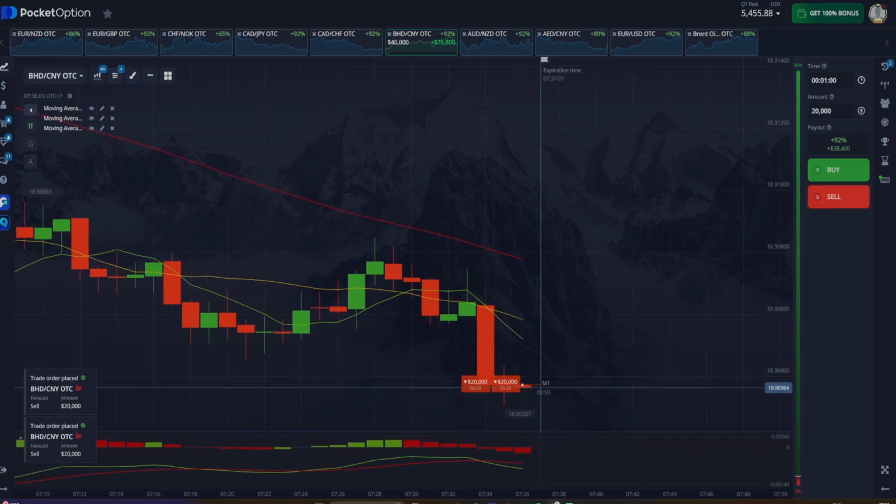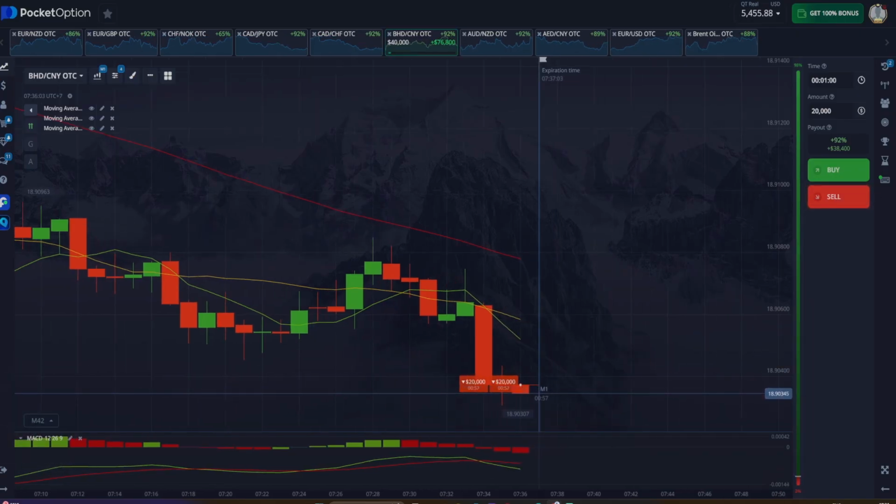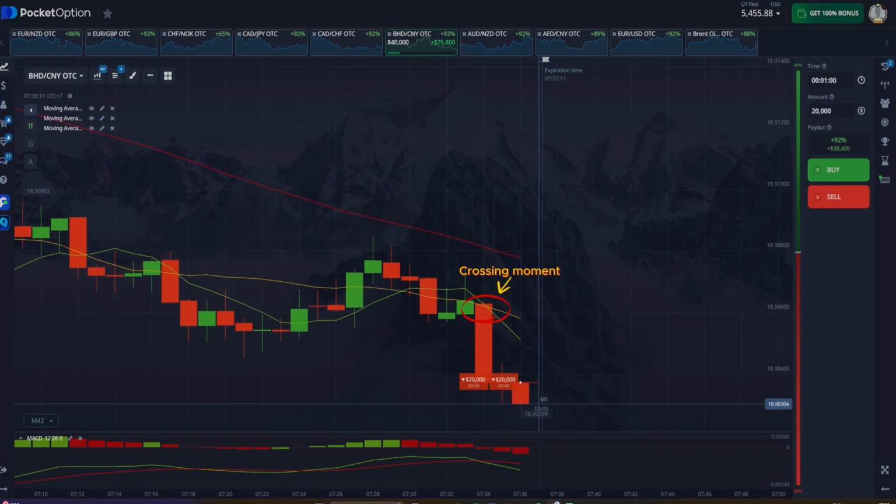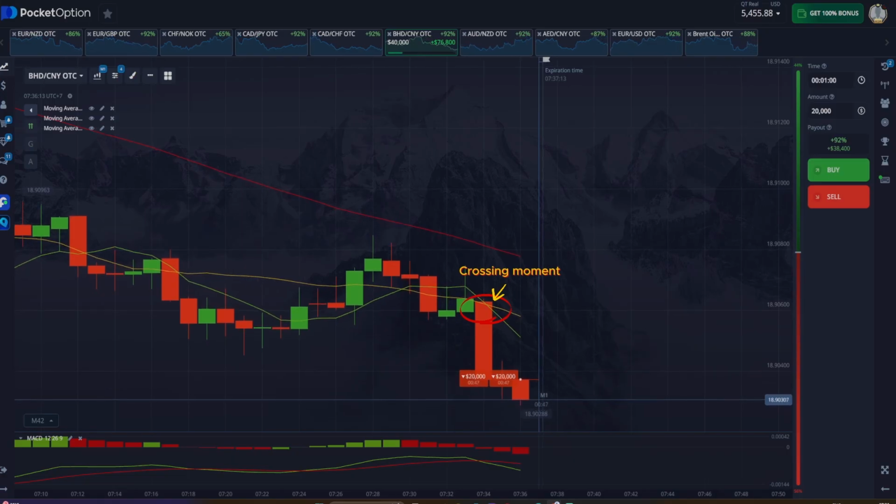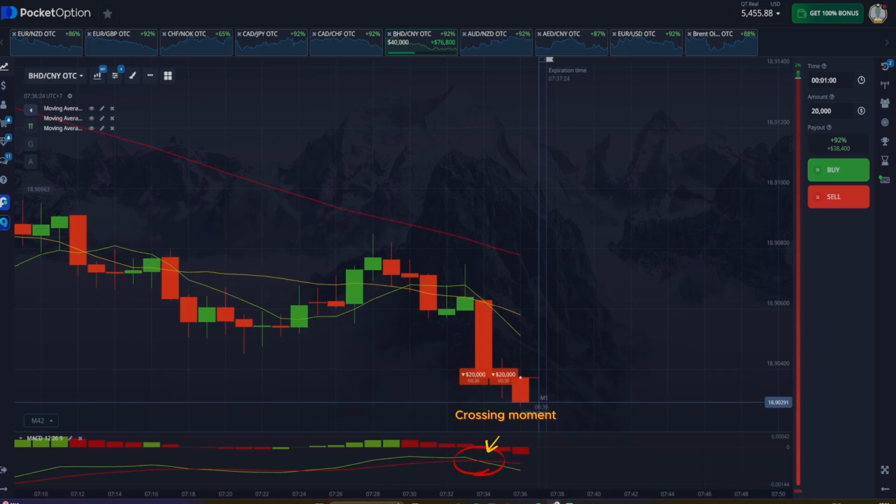I entered a sell trade because two strong signals appeared at the same time. First, there was a moving average crossover, where the green line short-term MA crossed below the yellow line. This pattern usually signals that the bullish trend has ended, and the market is preparing for a downward move. Second, the MACD indicator also confirmed with a bearish crossover, as the green line cut below the red line.